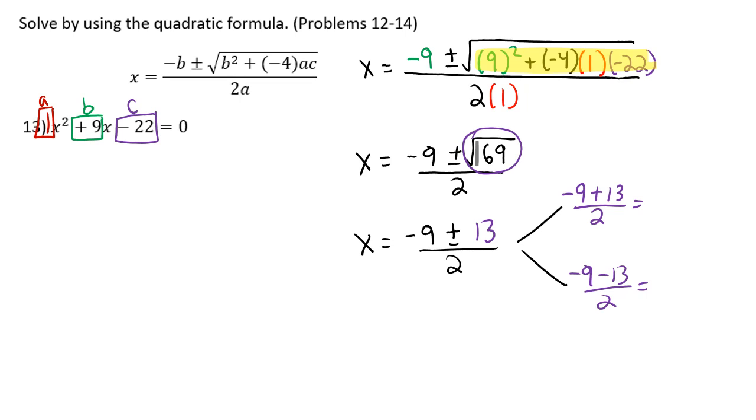So we're going to get -9 plus 13, add that together, divide it by 2, we'll end up with 2 as one of our x-intercepts. -9 minus 13 divided by 2 is going to give us -11 for our other x-intercept. And so now we've solved by using the quadratic formula.